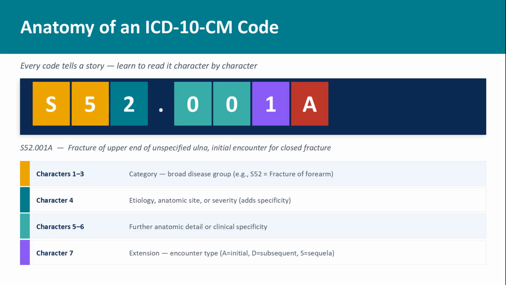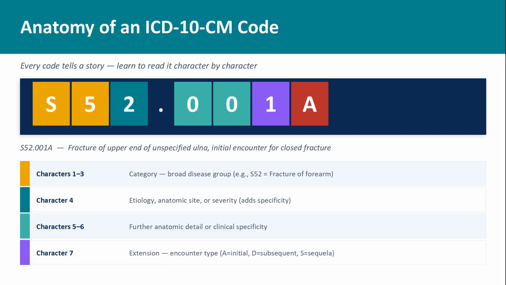It's called the 7th character extension, and it tells you what kind of encounter this is. A means this is the initial encounter, the first time the patient is being seen for this condition. D would mean a subsequent encounter, a follow-up visit. S would indicate a sequela, a late effect or complication from a previous injury.